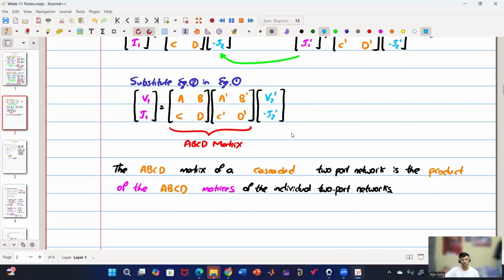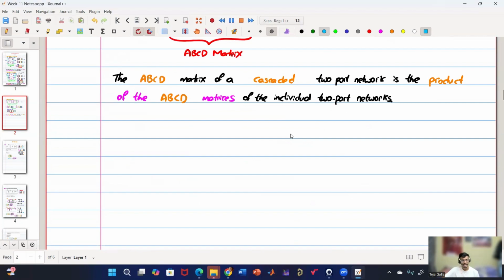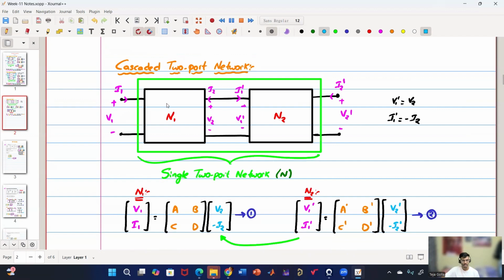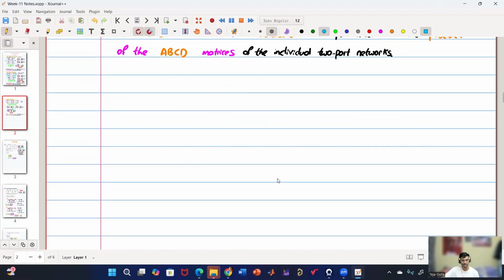And then we got the ABCD matrix of the cascaded two-port network is the product of the ABCD matrices of the individual two-port networks. However, we have not solved any direct problem on these three, but it is equally applicable once someone gives the ABCD of this, ABCD of this, and if they ask the ABCD matrix of the entire thing, you have to do the matrix multiplication. Similar type of problems were not asked in the last assignment, so that's why we have not solved them.